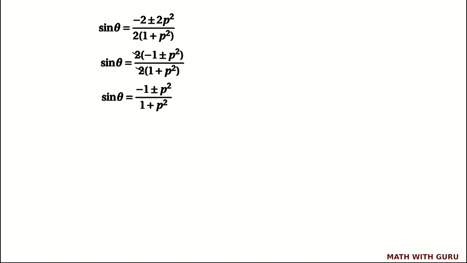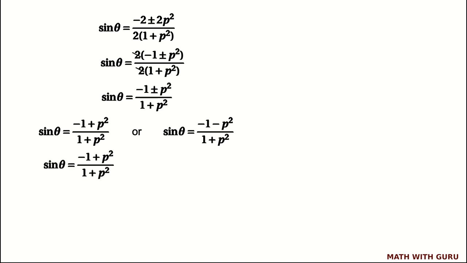Here there are two values of sin theta. Sin theta equals minus 1 plus p squared divided by 1 plus p squared, or sin theta equals minus 1 minus p squared divided by 1 plus p squared.